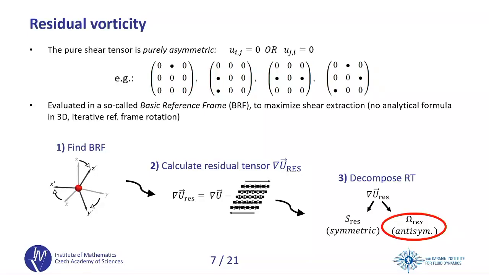One drawback of this procedure is that the first step to find this basic reference frame is quite costly. There is no analytical formula in 3D. We have to use an iterative procedure, and this way, for each point in our flow domain, we find this basic reference frame. But once we have it, it is pretty straightforward.